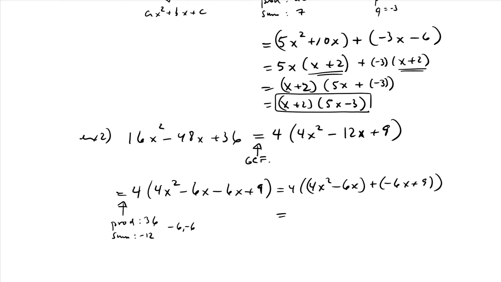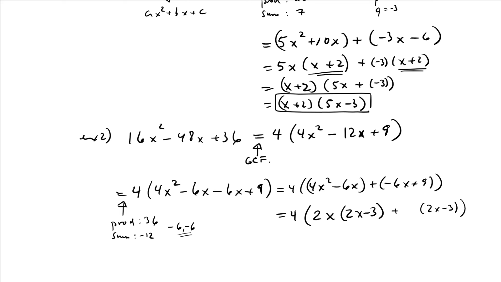I pair them. I factor each pair, so I can pull out a 2 and an x. I'm left with 2x minus 3. If I did my job correctly selecting the numbers here, I should get a 2x minus 3. And so my goal is to get something times 2x minus 3. So what do I factor?